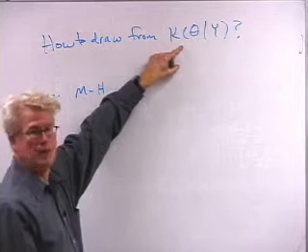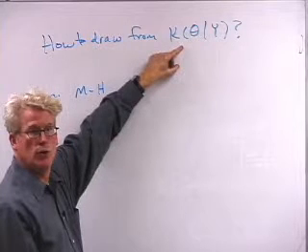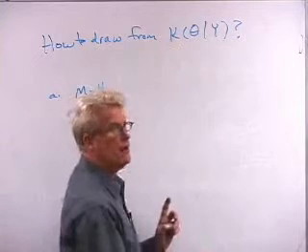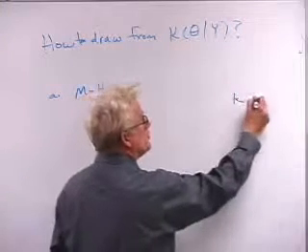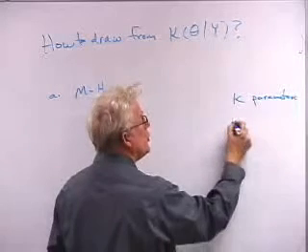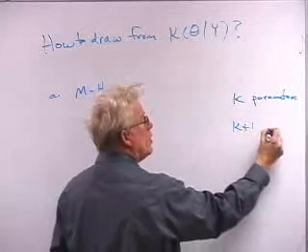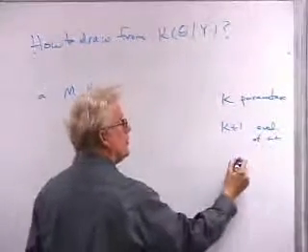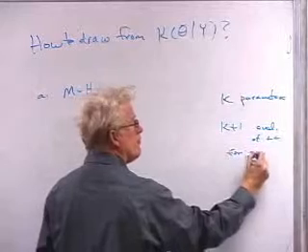For maximum likelihood, if you've got k parameters, you do k plus 1 evaluations of the log likelihood for each iteration.